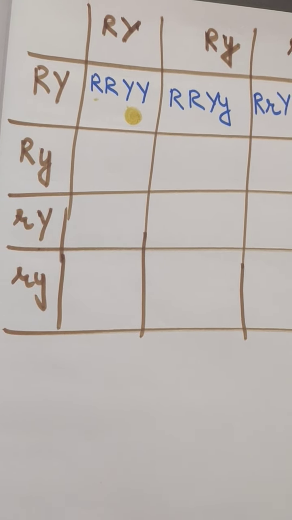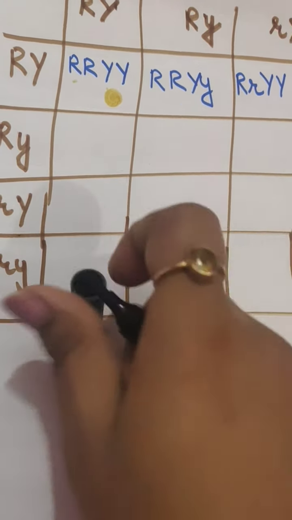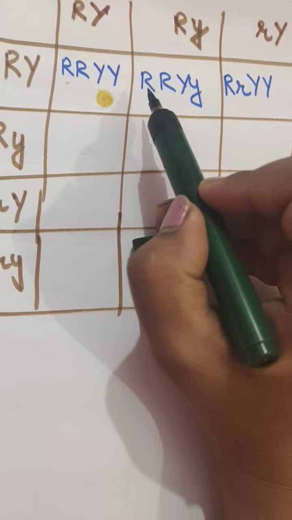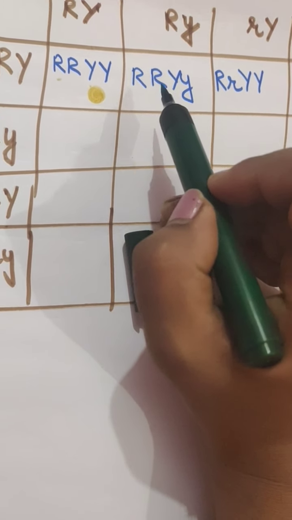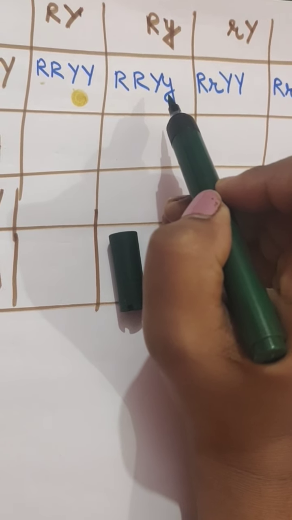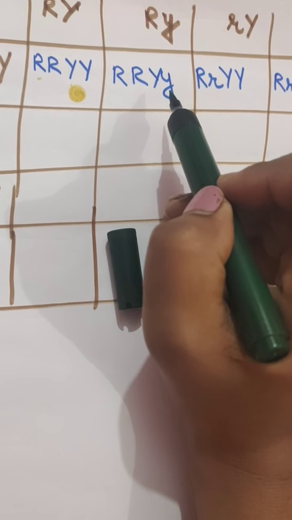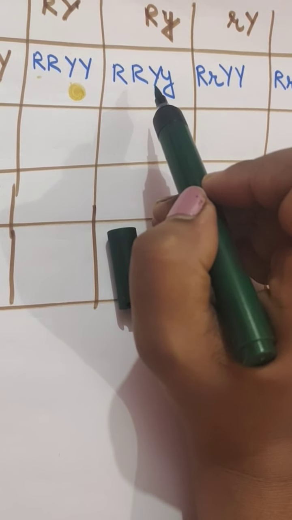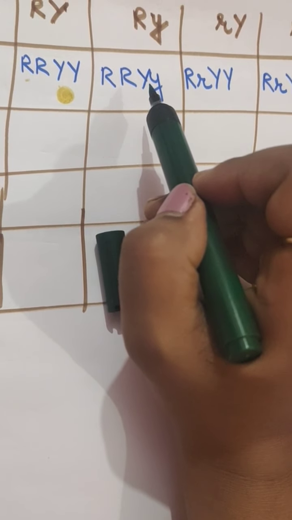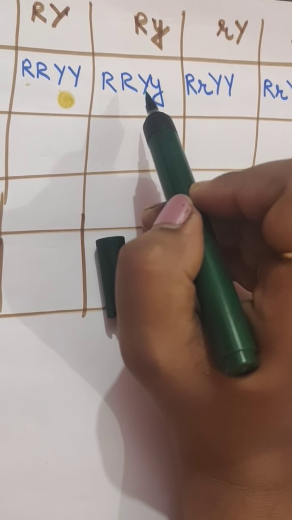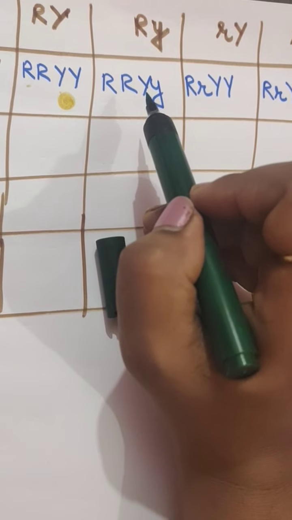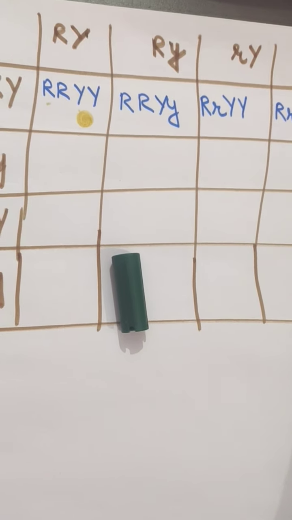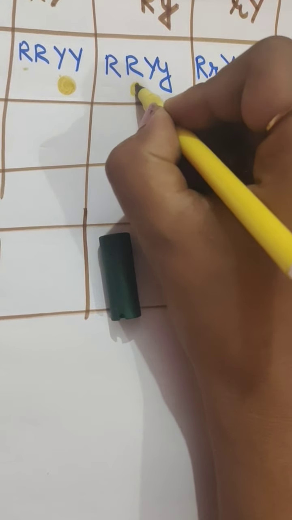Next, again capital R stands for the shape, and here is small y for the green color, and capital Y stands for the yellow color. But we see here is a dominant gene. The dominant gene is Y, so Y stands for yellow color. So it will be again a round and yellow seed.